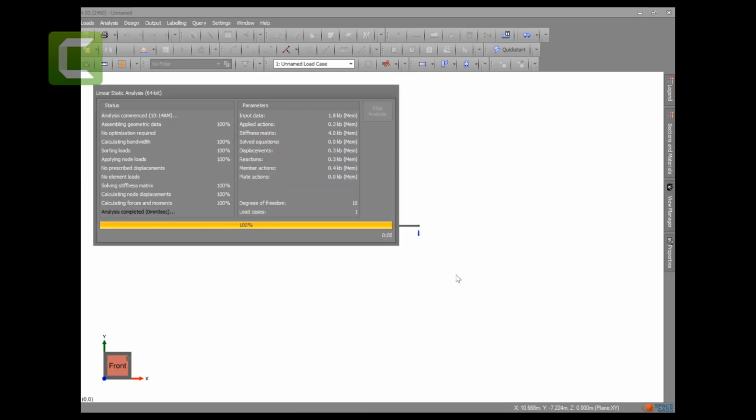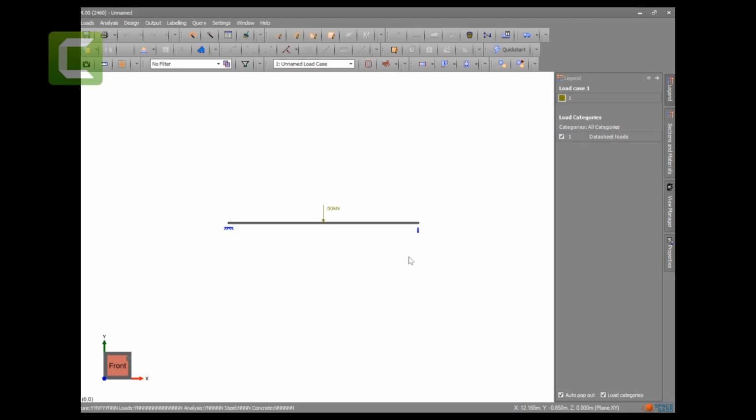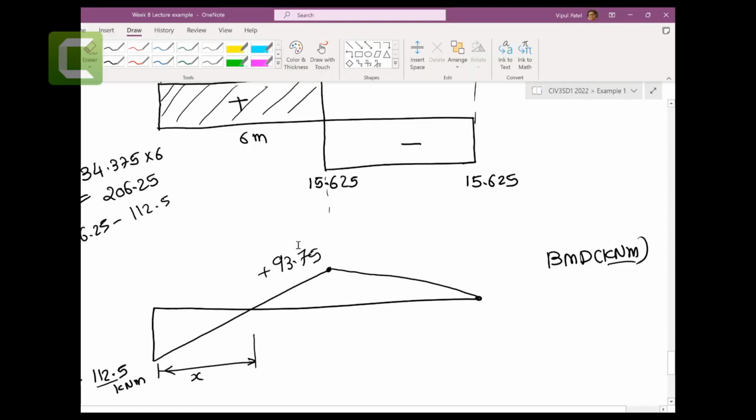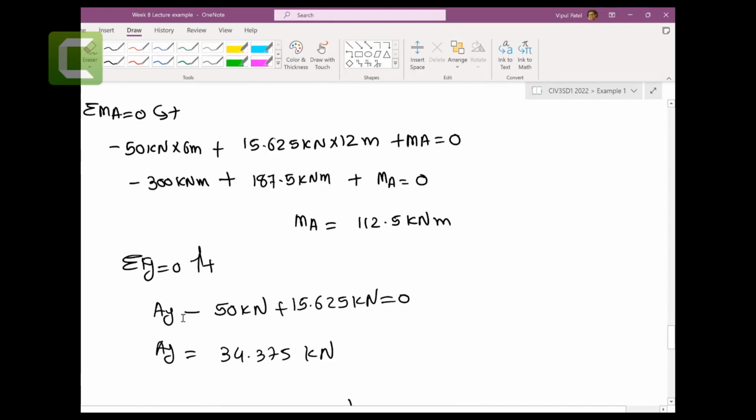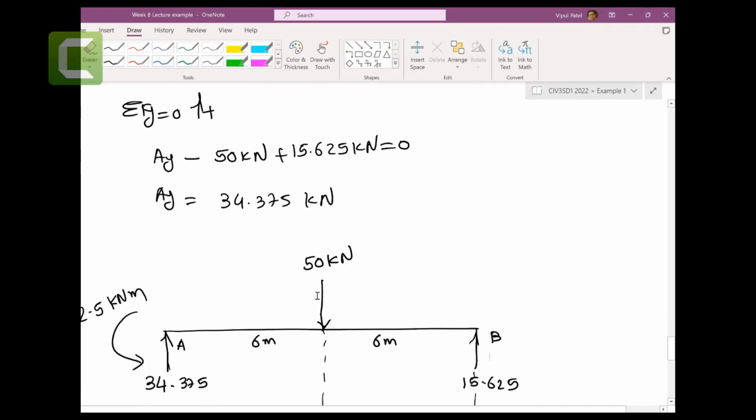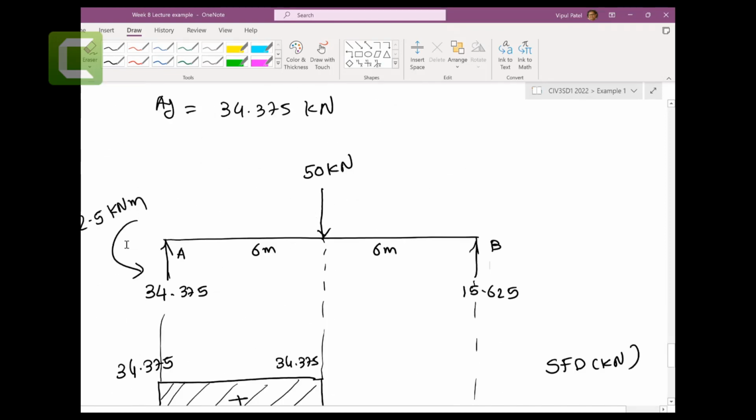OK, that's finished. If you want to put the wire, you can put the wire. And if you want to turn off this, so you can clearly see. If you want to first see reaction forces, 34, 15, 112.5. That's what we got, right? 112.5, 34, 15, 112.5.